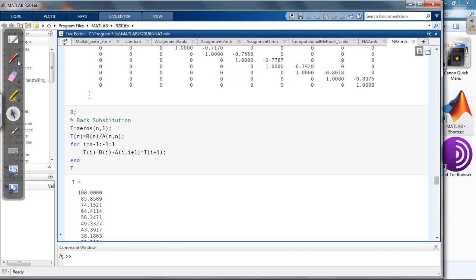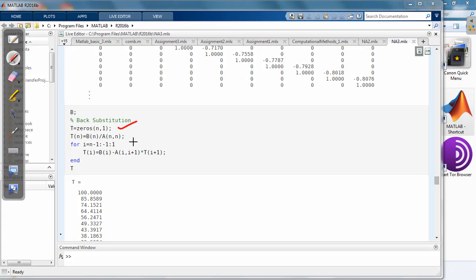You first initialize the temperature field as 0, and then you find the last temperature, Tn. The last temperature Tn will simply be Bn by Ann, because in that case only the Ann will be there. Ann into Tn is equal to Bn. This is the last term, so Tn you can directly find out as Bn by Ann.